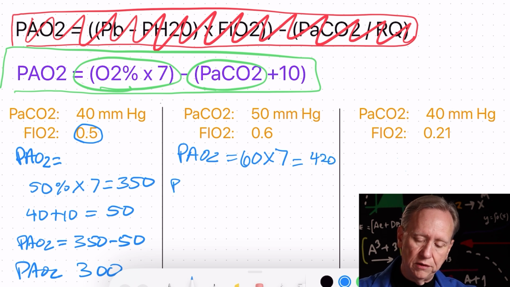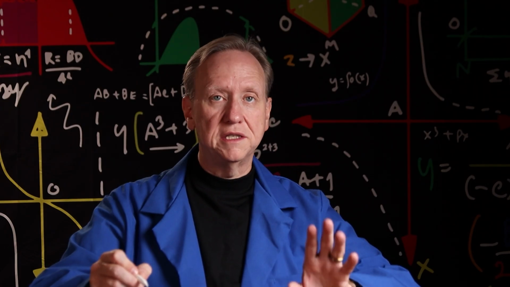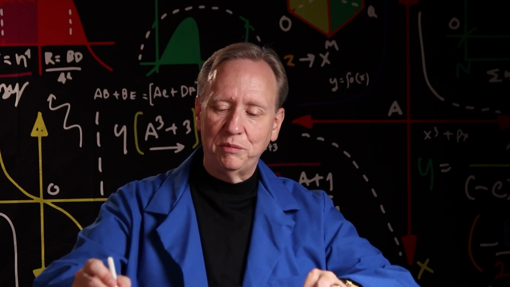And then the CO2, in this case, is going to be 50 plus 10, which is equal to 60. So what we're set up with is PaO2 is equal to 420 minus 60. And you can just do this a few times. What you're going to get is that the PaO2 is going to be equal to 360. Simple enough, right?